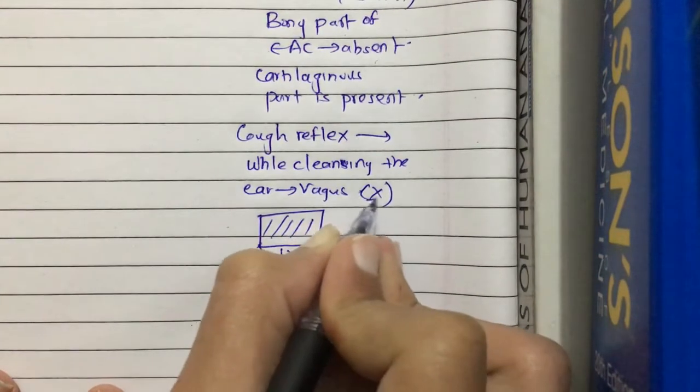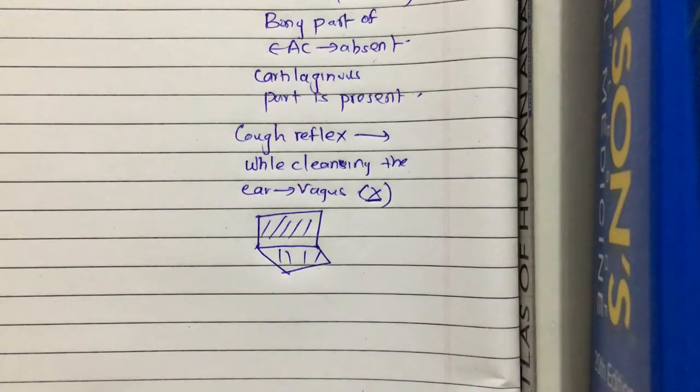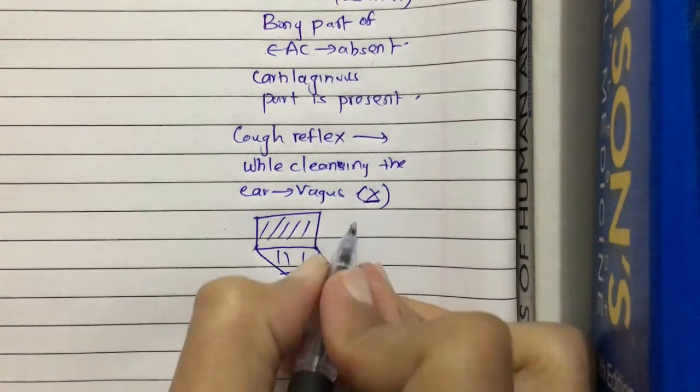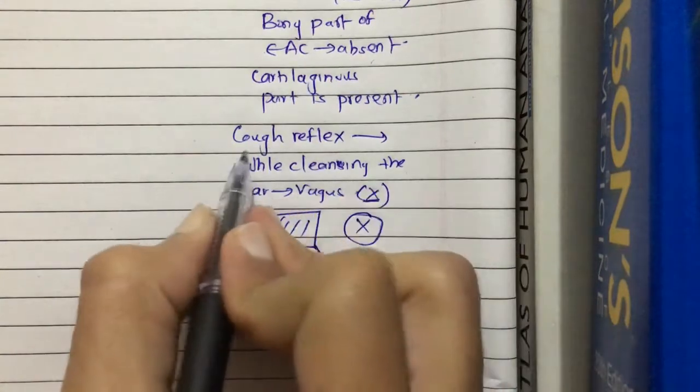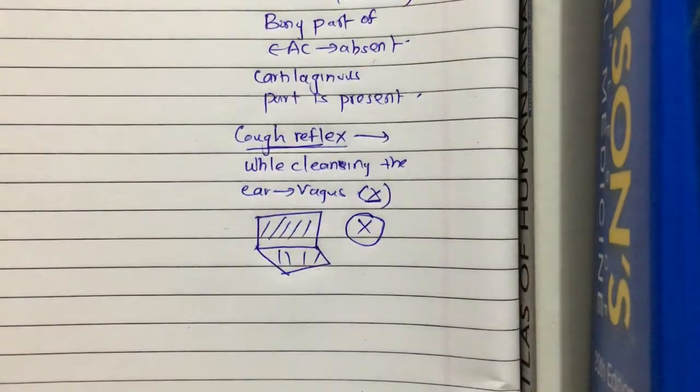This auricular branch of the vagus nerve, also known as Arnold's nerve, also supplies the pharynx and the respiratory mucosa in the pharynx. So the cough reflex is mediated by the vagus nerve while cleaning the ear.